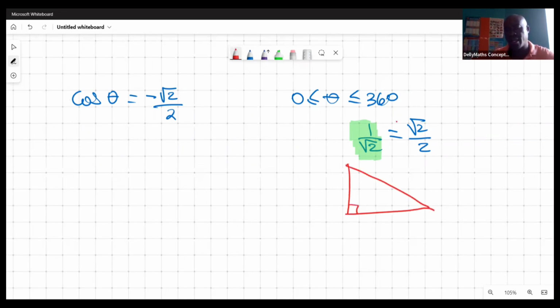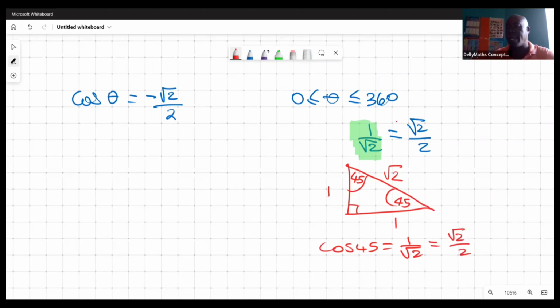Knowing these triangles offhand is very good. The 45, 45 triangle has sides 1, 1, the root of 2. So the cos of 45 degrees will equal 1 over root 2, which is the same thing as root 2 over 2.